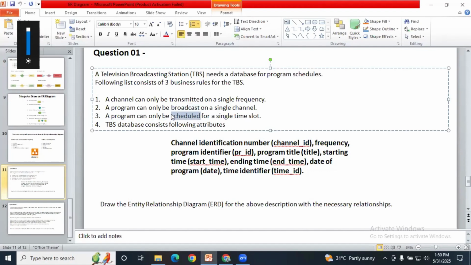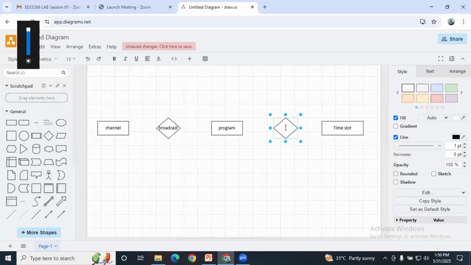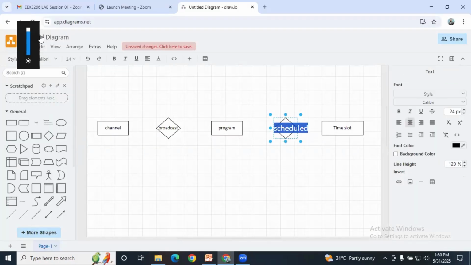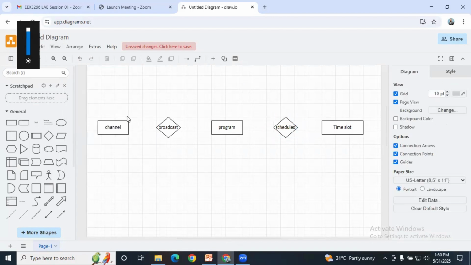The relationship is schedule. So you can assign schedule to the diamond-shaped relationship. Okay. So we identified entities, we identified the relationships, and we created the relationships with the entities.